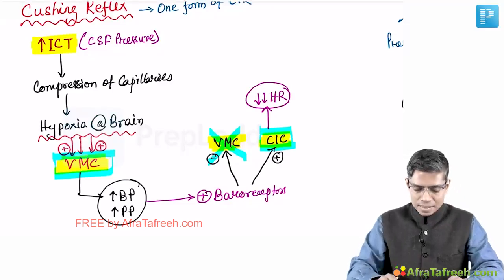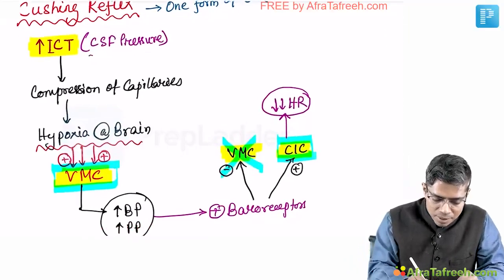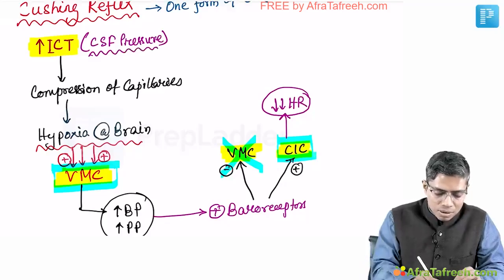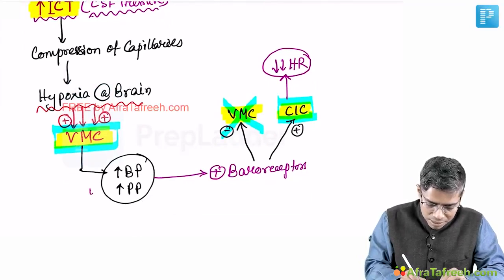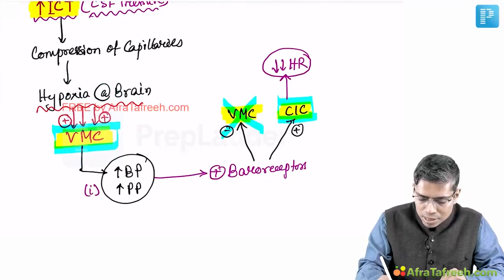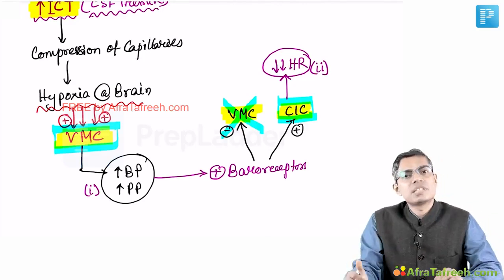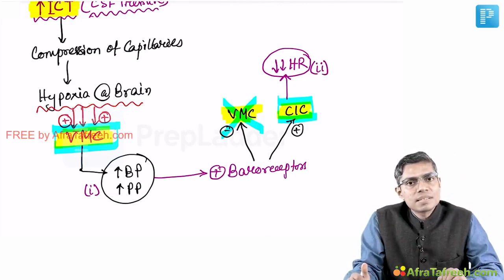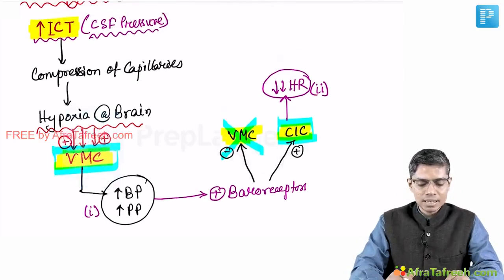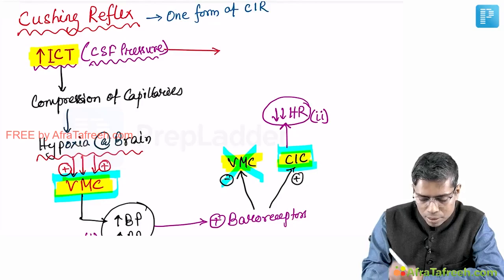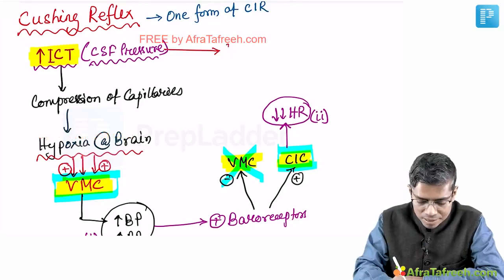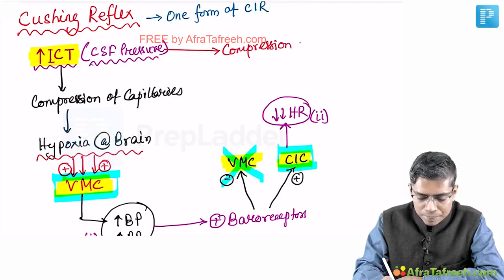That means this person who is suffering from increased CSF pressure or increased ICT will not only suffer from this hypertension, this is number one, he is also going to suffer from this bradycardia, and this bradycardia is by the baroreceptor reflex pathway. So there is reflex bradycardia. And not only that, this increased CSF pressure can also cause compression on the respiratory center, because the respiratory centers are located at the level of the medulla.